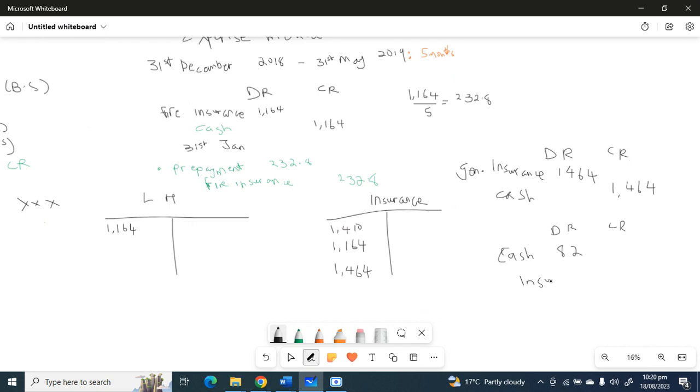Since the money is coming from the insurance, it's reducing the insurance expense. So we credit insurance 82 kwacha. We can open up the insurance rebate account, but in this case, we'll just put it in the insurance account here. Any questions?